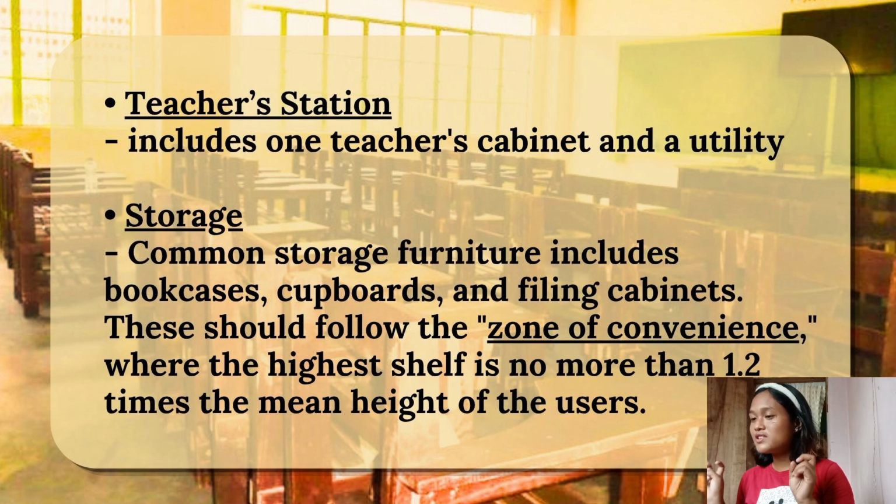If we say zone of convenience, the clue word is that the placing of the materials must be within reach of the students or the users. It must not be too high for students so they won't have accidents.